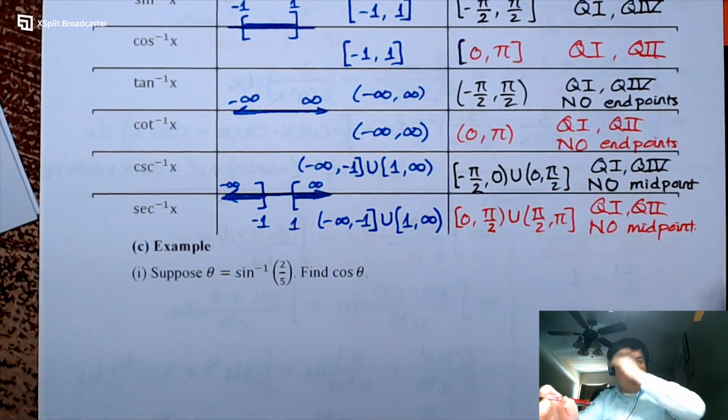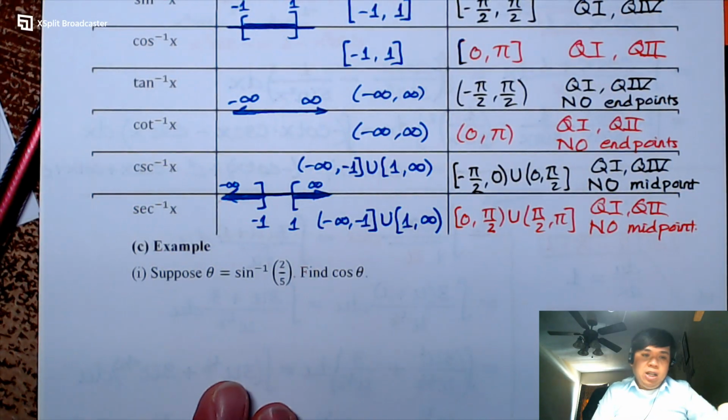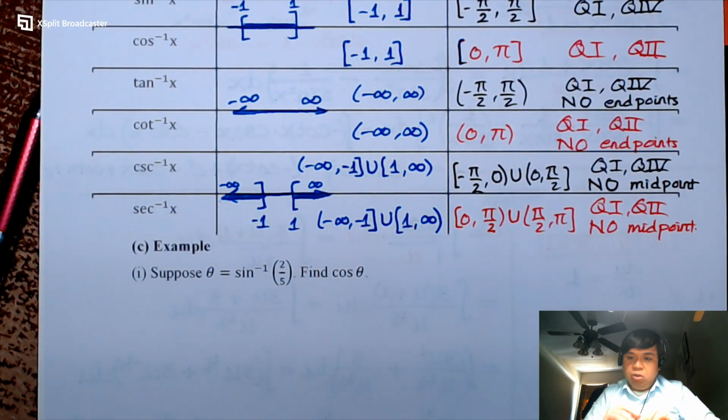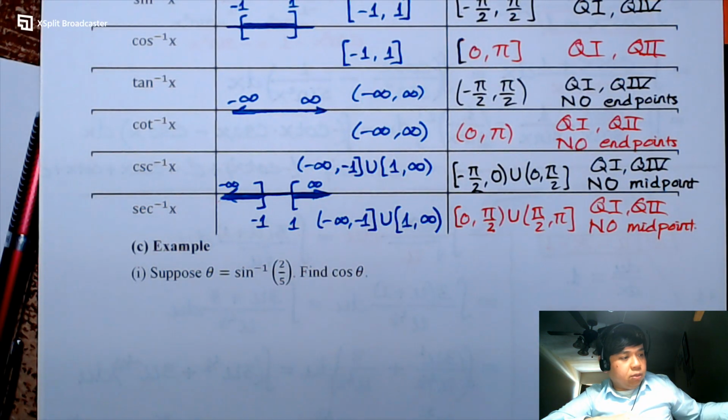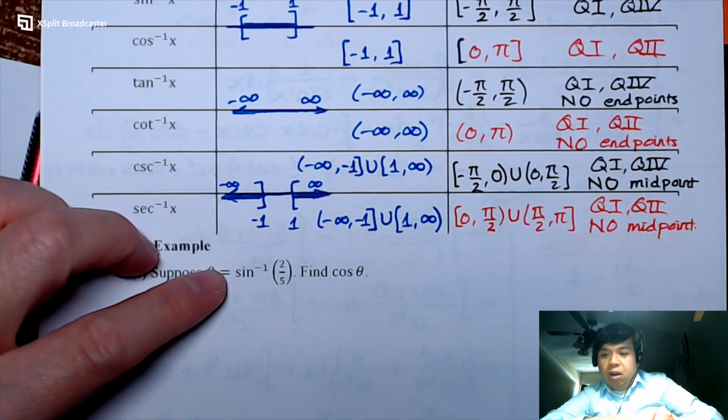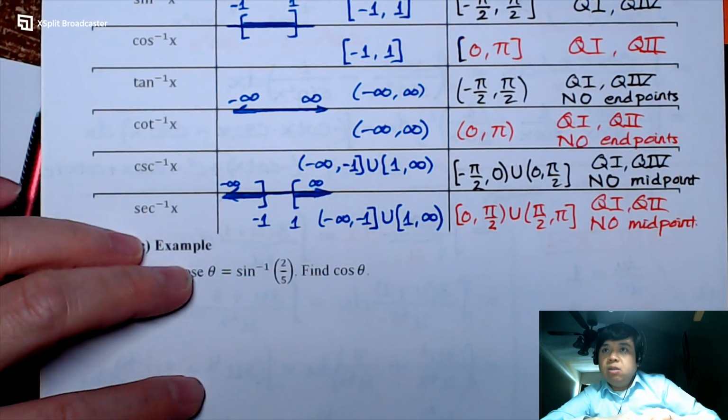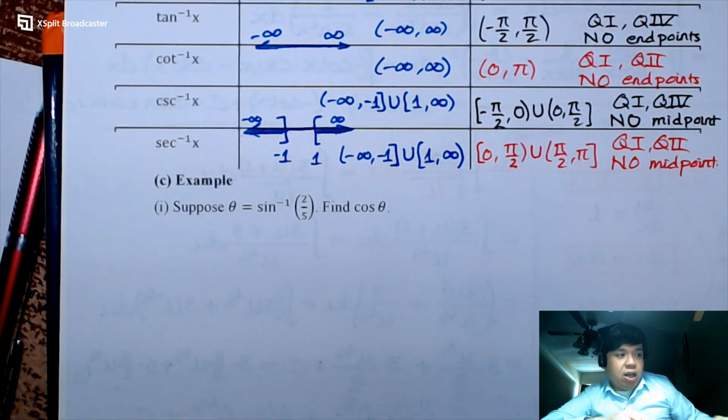Okay, so that summarizes what we have on that chart and a little bit of review of trigonometry. Most importantly, you have to be able to do this kind of trick.